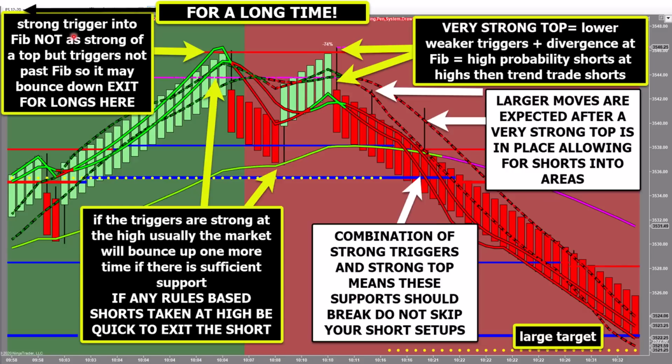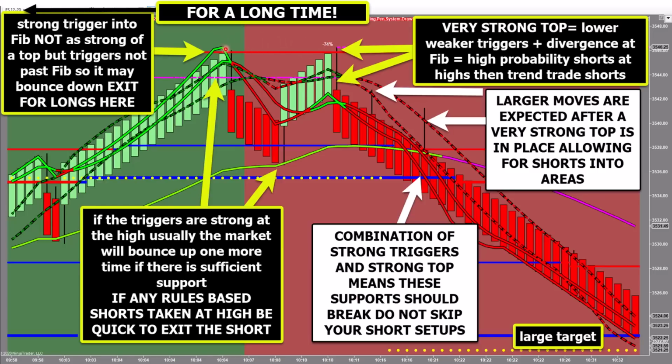And we have strong triggers into the fibs, and it makes a top, but it's not a great top. And again, the stronger the triggers are the first time, usually the market's going to bounce up one more time. Now, we're not going long, but we have to respect the fact that the market may bounce up again because of the strength of the triggers over here on the left side.